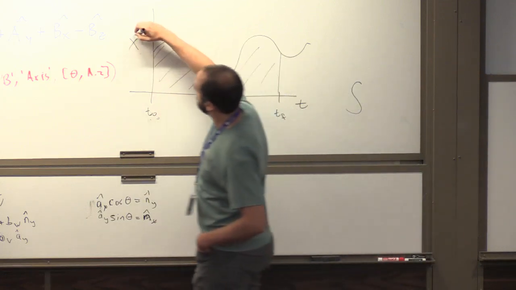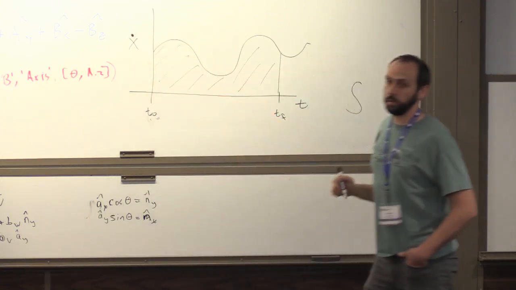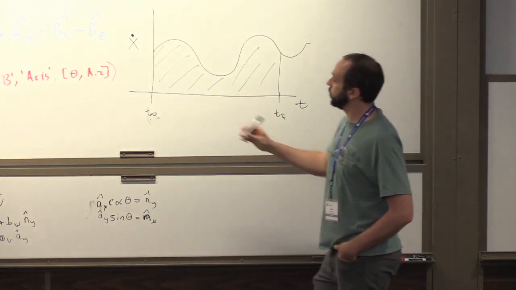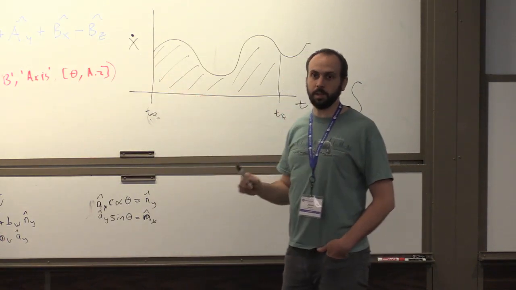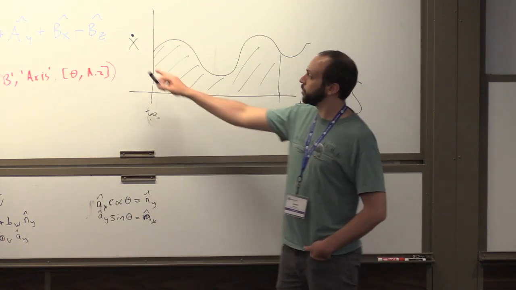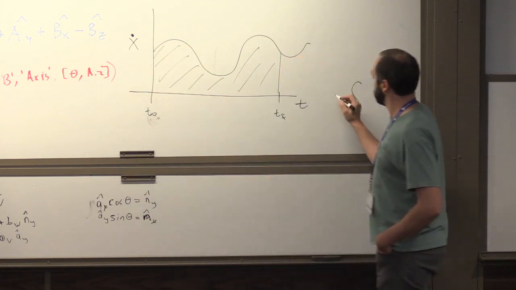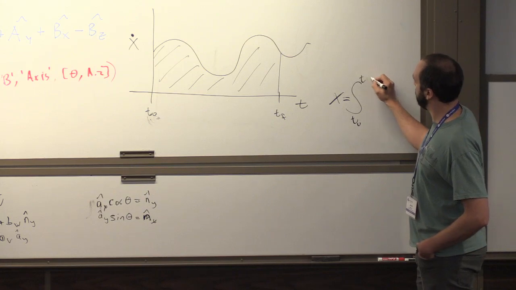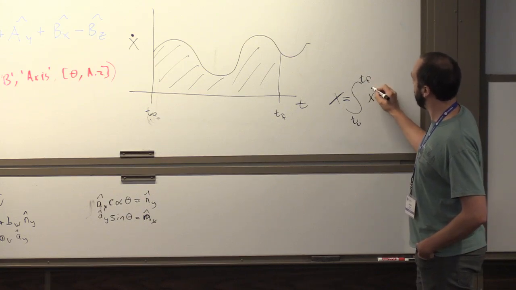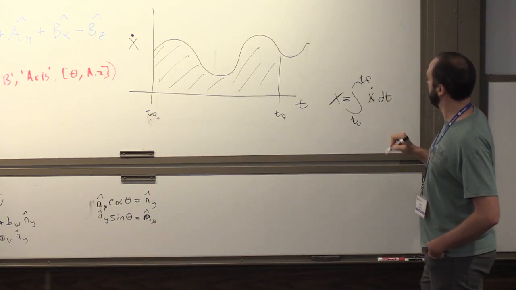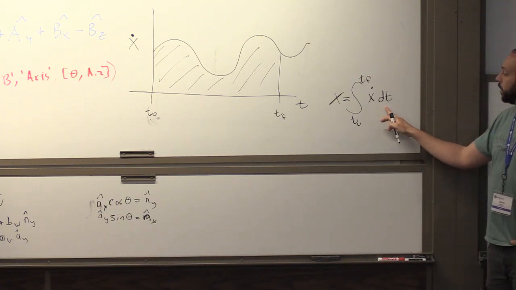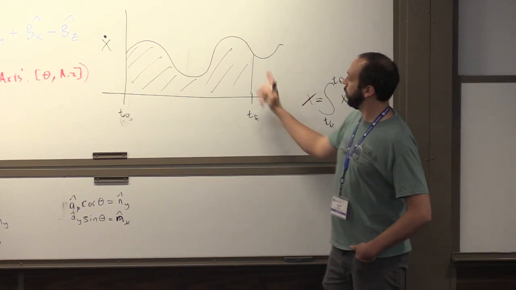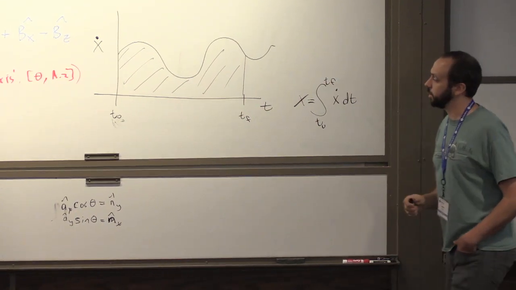And sorry, this is x dot. So we've defined how the states change with respect to time, not exactly what the state is with respect to time, and we're interested in finding x. So x equals the integral from t naught to t final of x dot with respect to time. If we integrate the x dot curve, we'll get x. So the area under this curve tells me what x is over time.